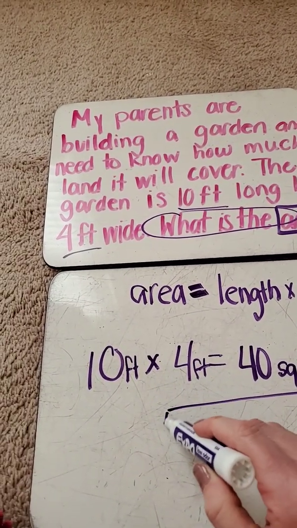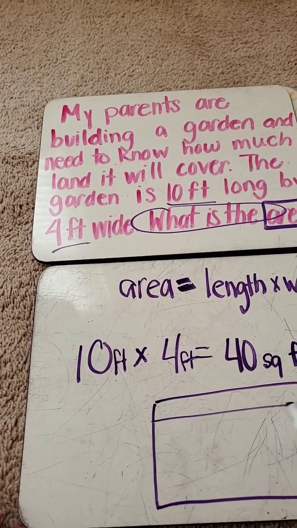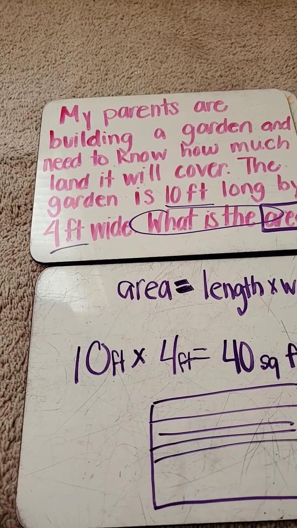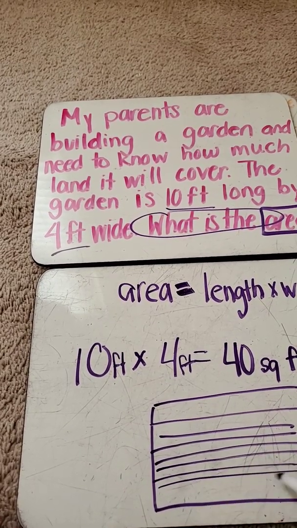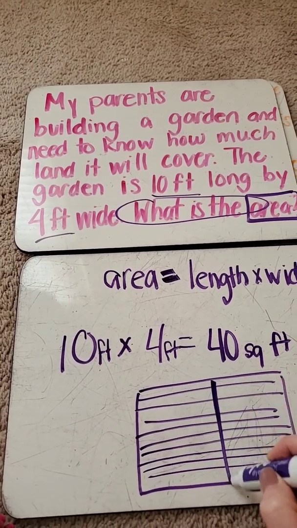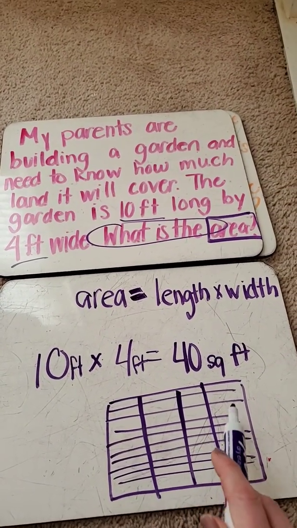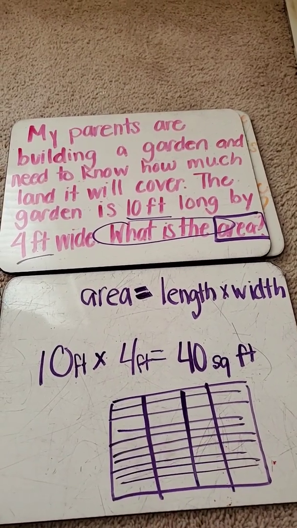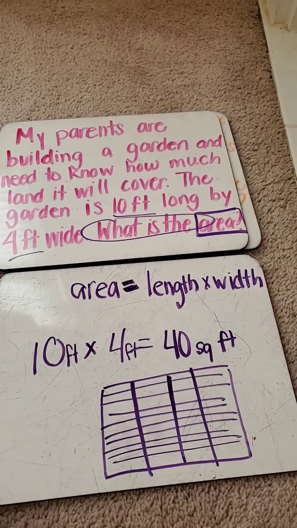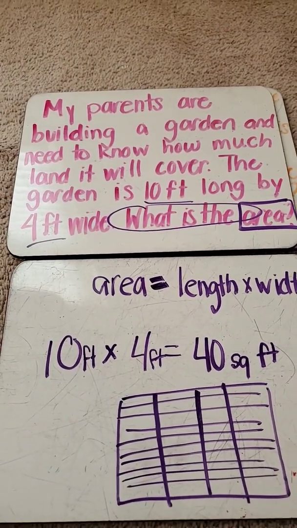Well, remember, we have 10 by 4. So all these little squares on the inside, I know it doesn't look like perfect squares, I just drew it quickly. That would be 40 square feet.